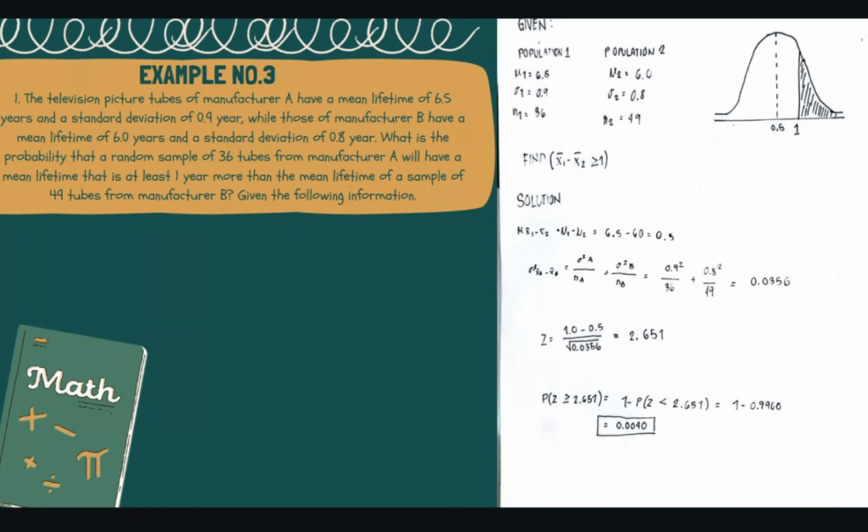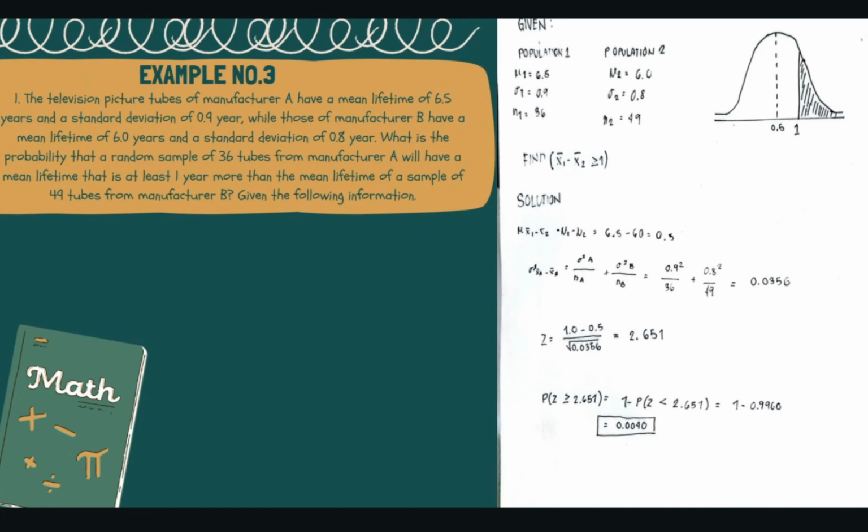The difference we want is x bar A minus x bar B is greater than or equal to 1.0. First, the expected difference is mean A minus mean B, which is 6.5 minus 6.0, so it's 0.5.